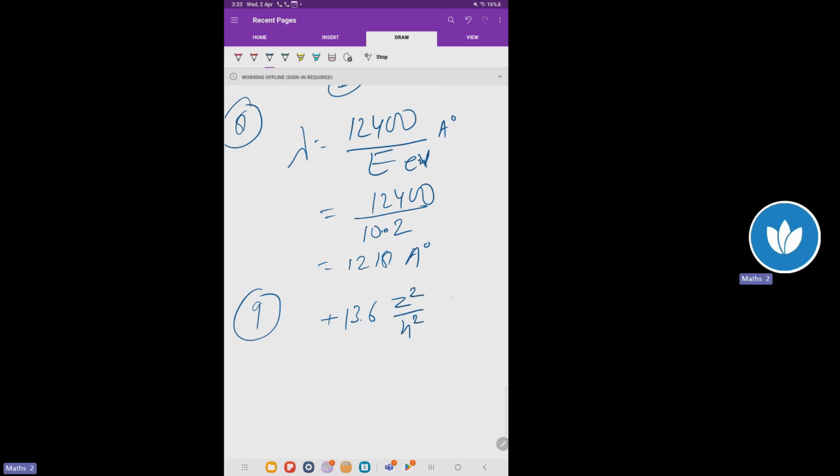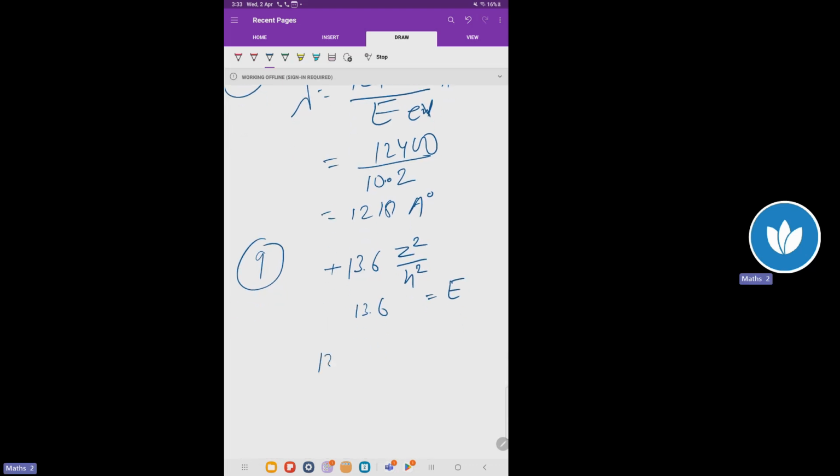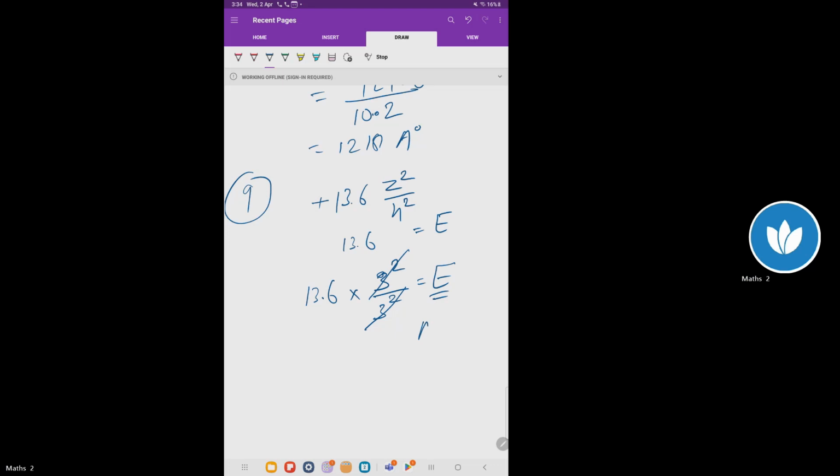For hydrogen atom, 13.6 is equal to E. For lithium, 13.6, Z is 3, so 3 square. And the second excited state is also n equal to 3. Same as hydrogen, E.